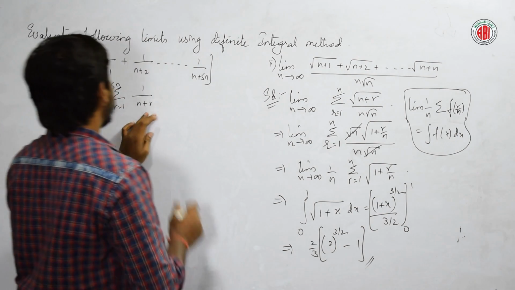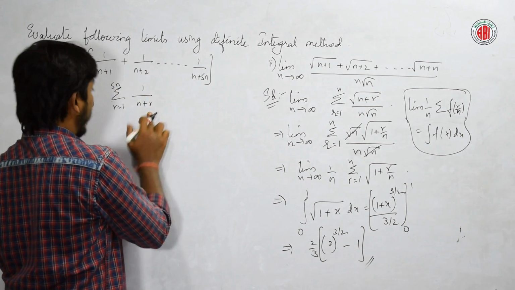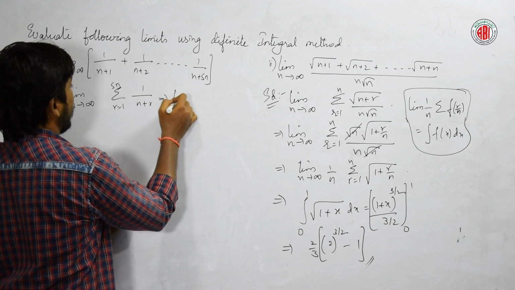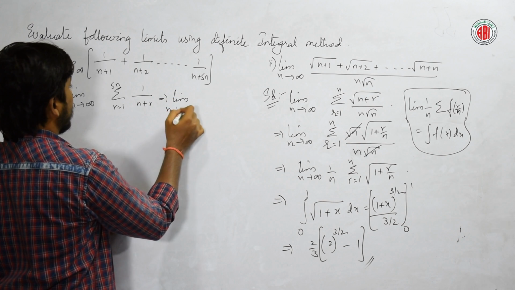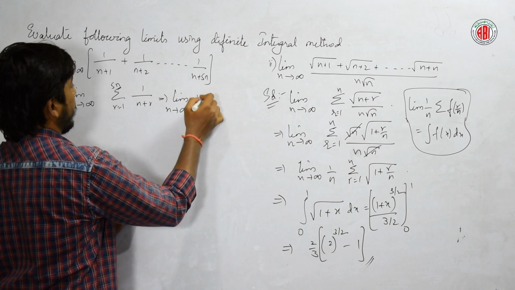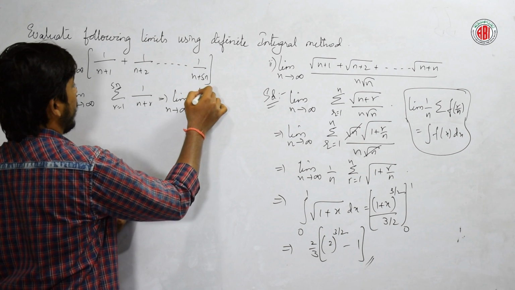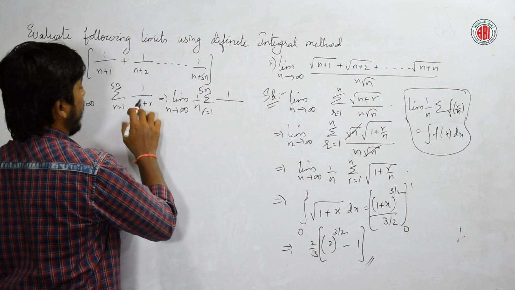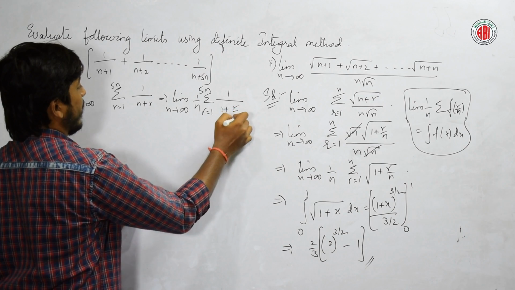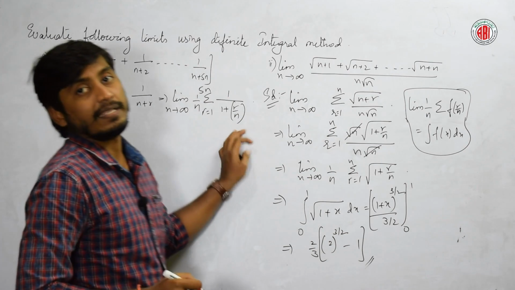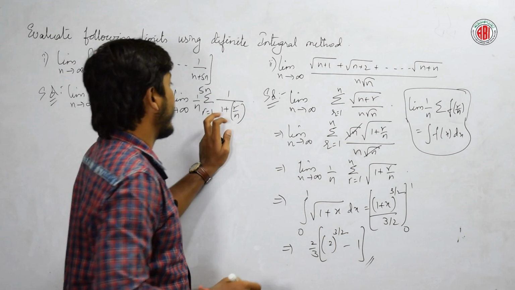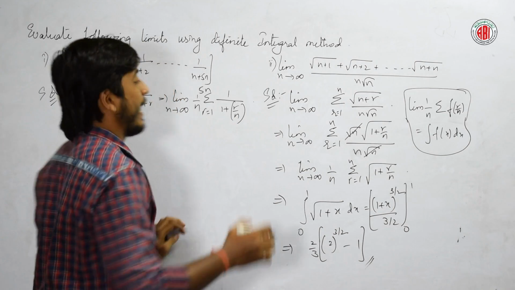Now n plus r. In order to get the r by n form, I have to take n as common. So I will get r is equal to 1 to 5n, 1 by n times 1 by 1 plus r by n. Is it? So directly we can take the function as 1 by 1 plus x.